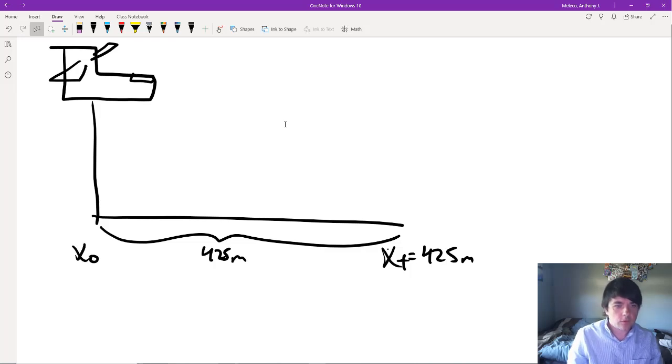X initial is 0. Y final, and Y initial equals 235.